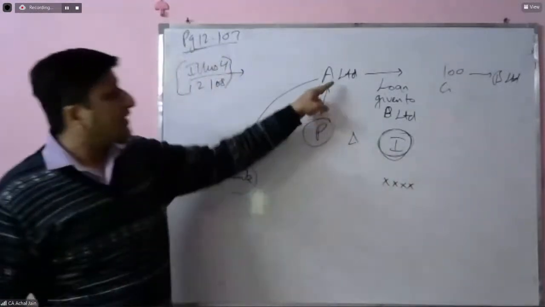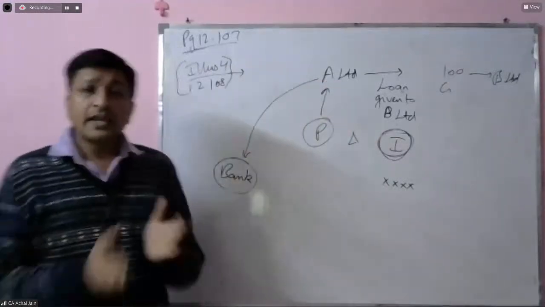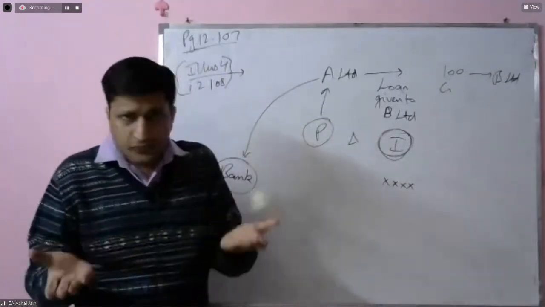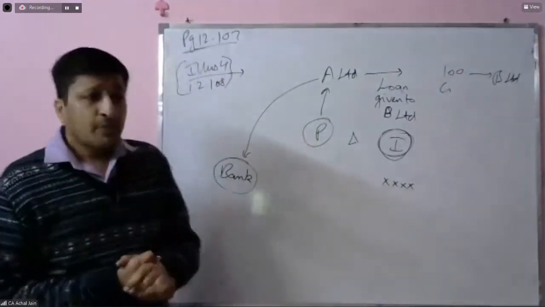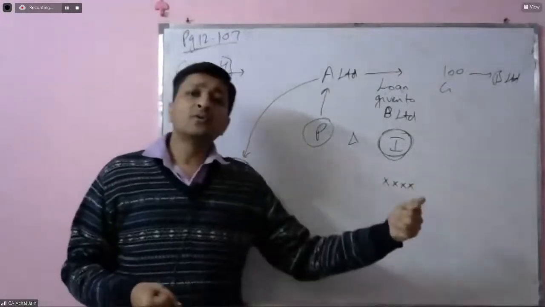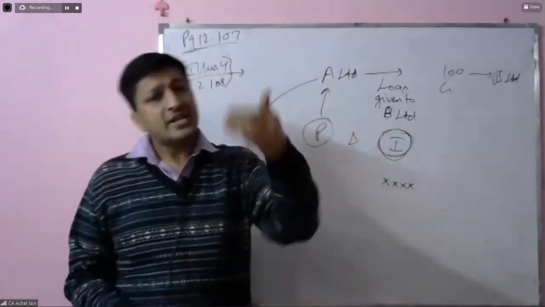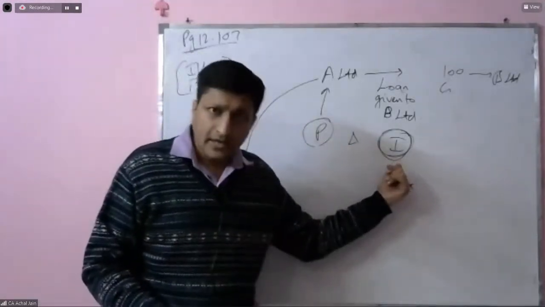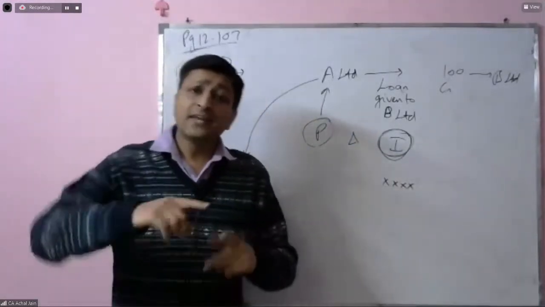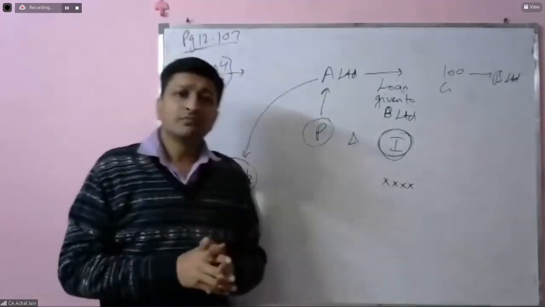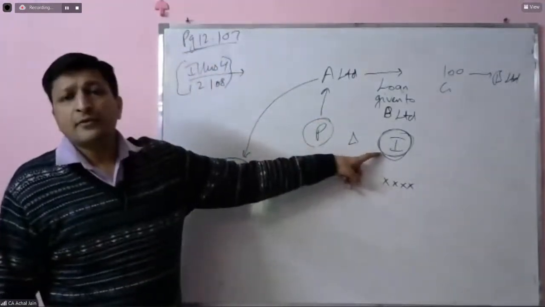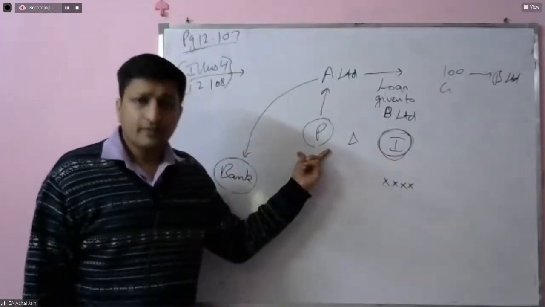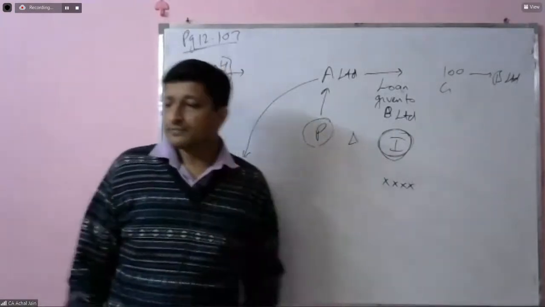Because when A would have recognized this financial asset, A would have recognized two components of financial assets in its books. Of course, yes. Because how would A Limited recognize the loan given? At present value of cash inflows, present value of principal and present value of interest. Correct? So now when A Limited derecognizes, what will it do? It will derecognize the present value of interest, but not the present value of principal. Clear on this?